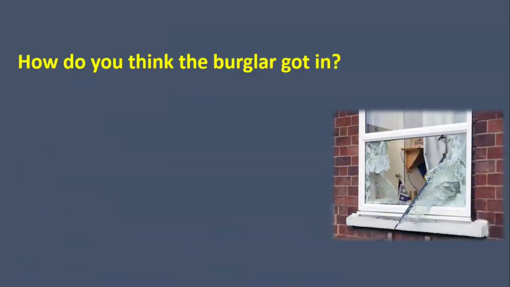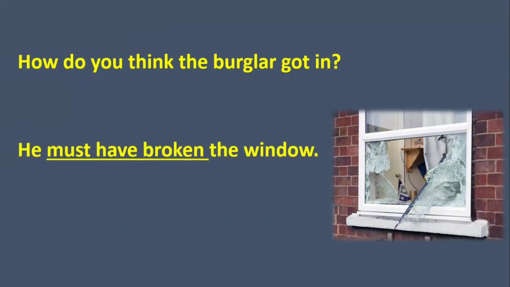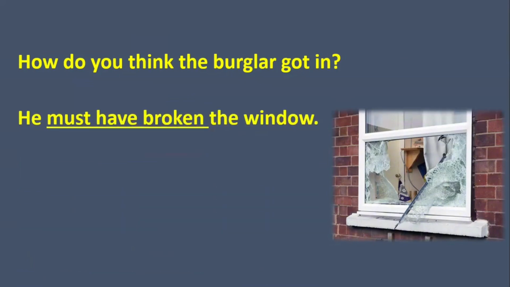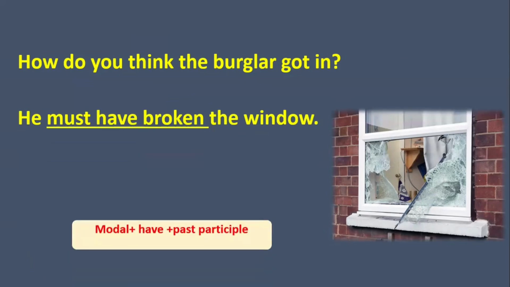If we look at this picture and we can see a broken window, and we ask this question: how do you think the burglar got in? كيف تعتقد أنه دخل اللص إلى المنزل؟ كيف دخل إلى المنزل؟ ما هو اعتقادك؟ Okay, if we can see that we have a broken window, so we can say something like this: he must have broken the window.